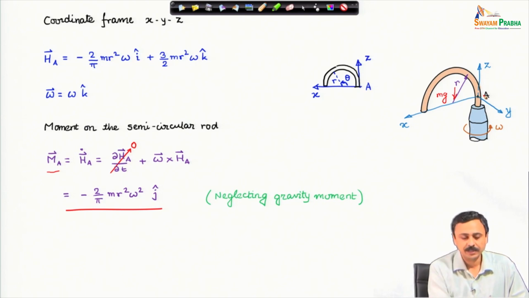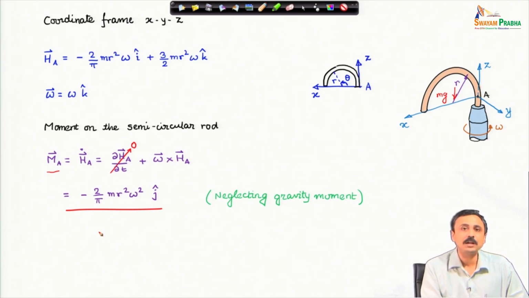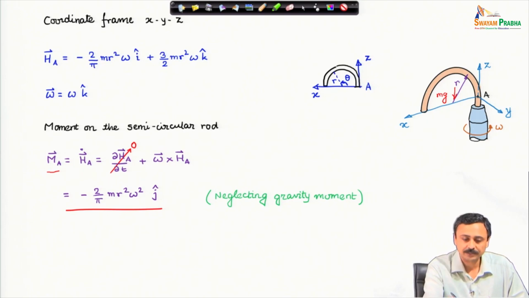This is the known moment, and therefore, if weight were to be considered, then when you bring the moment due to weight to the right hand side, it will get a negative sign. Therefore, on the semicircular rod, you will have additionally minus mgr j cap moment if you do not neglect the weight.